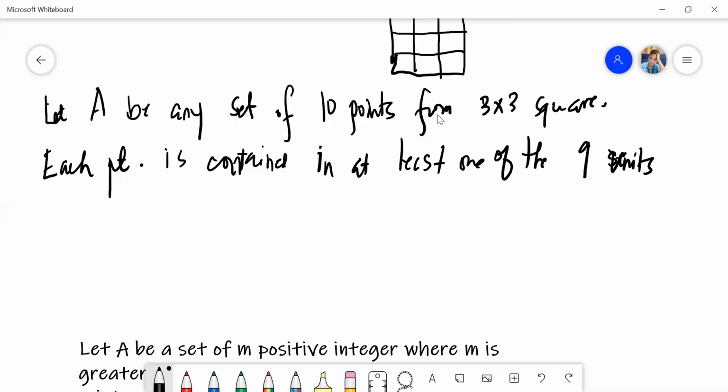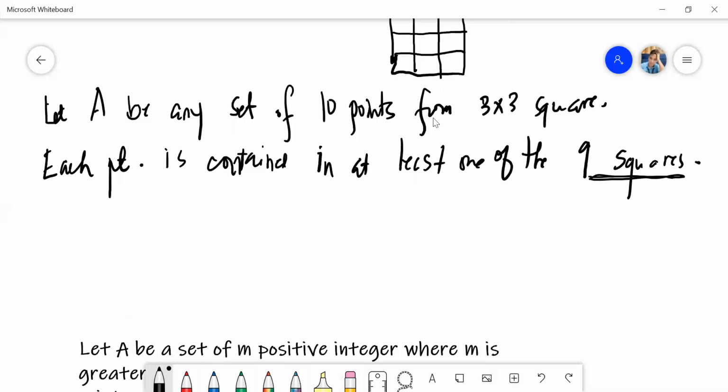That's 9 units, by the way, sorry. That should be 9 squares, 9 tiny squares. So this is now our boxes, okay? And remember, there are 10 points. So basically, there are many more objects compared to the boxes.